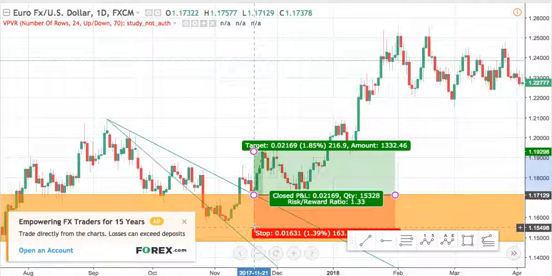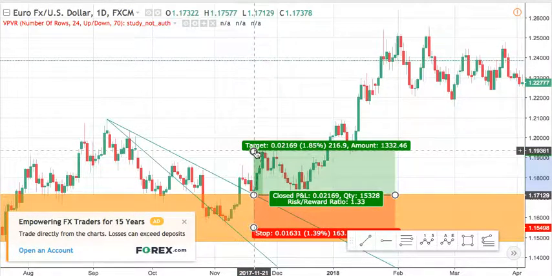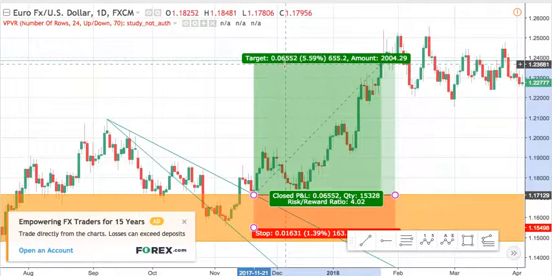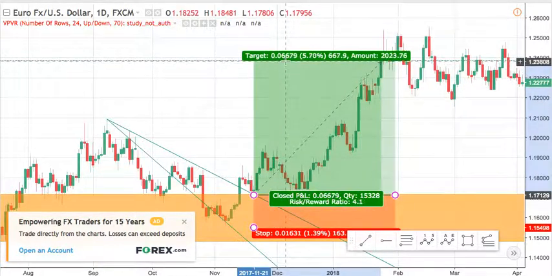Risk would have been right below this low. Let's see, where are we right now? If you were still in this trade, looking at a 4-to-1, guys. A 4-to-1. That's on a higher time frame.